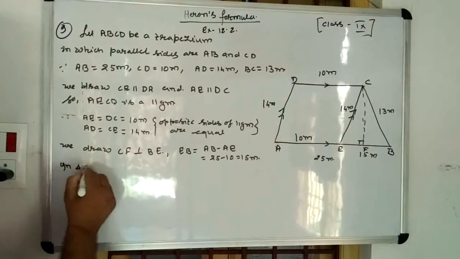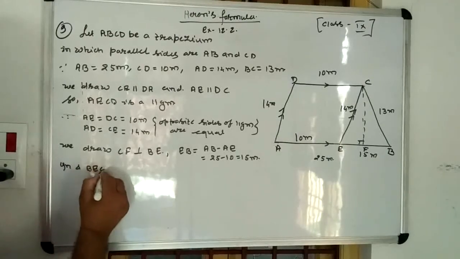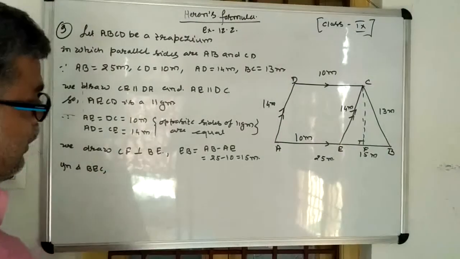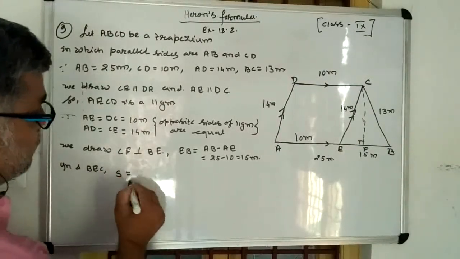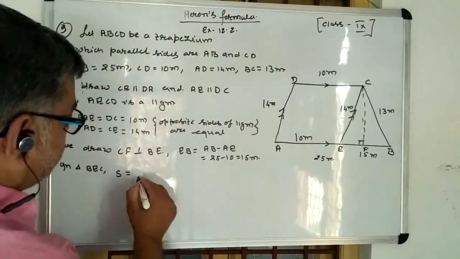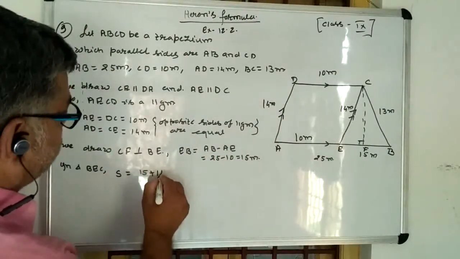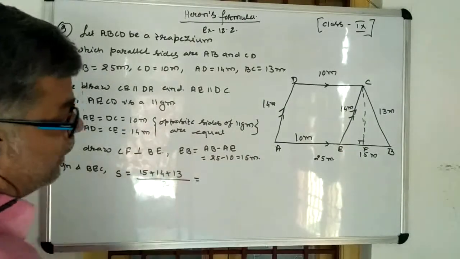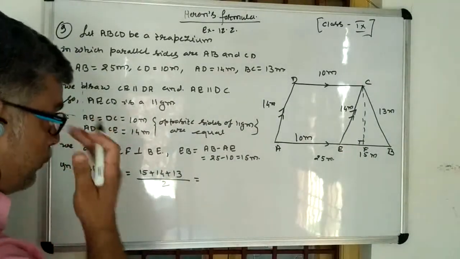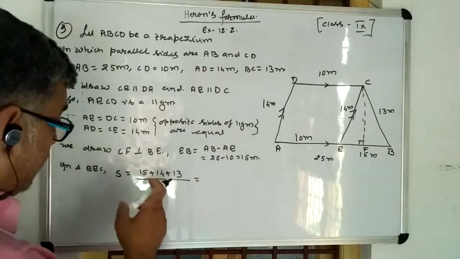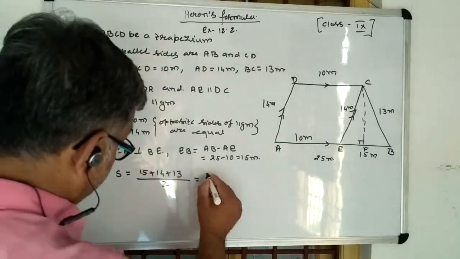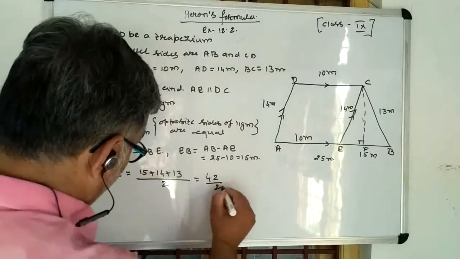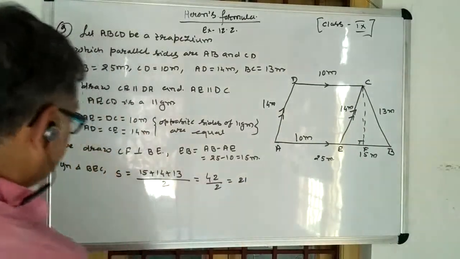In triangle BEC, S equals the sum of three sides, that is (15 plus 14 plus 13) by 2. 15 plus 14 will be 29, 29 plus 13 will be 42, by 2 that is 21.